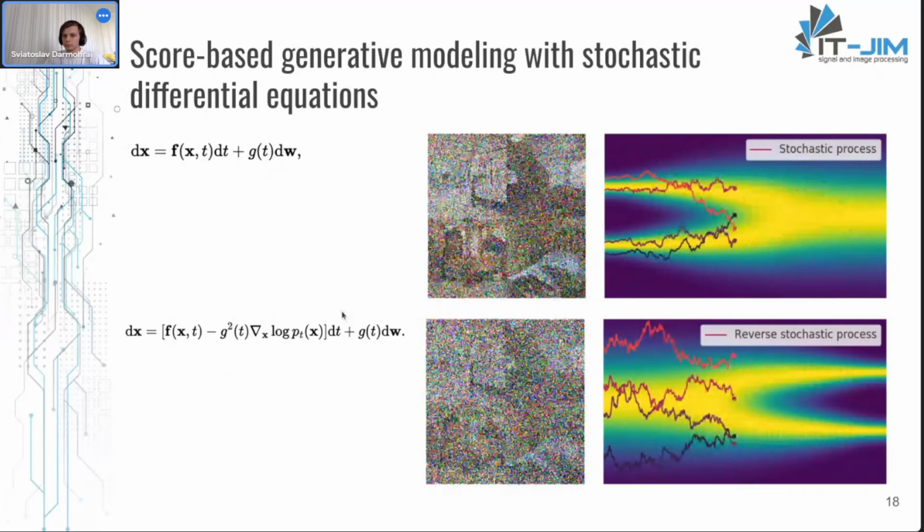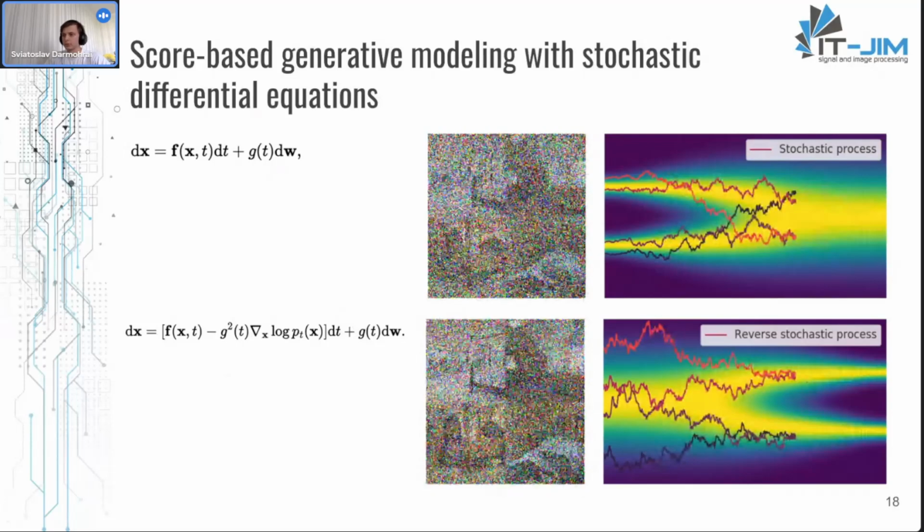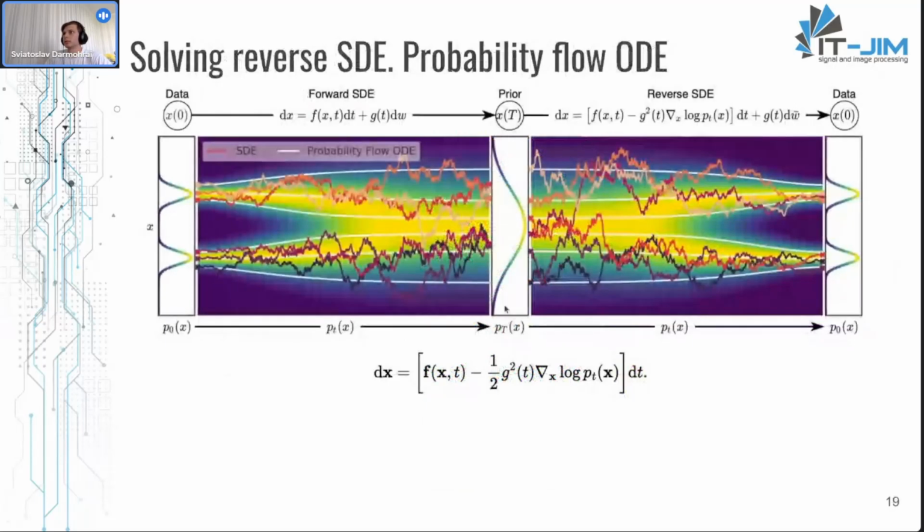So this means we could use the score-based model to learn this procedure, and it can also be simplified to an ordinary differential equation. We basically remove the term with the Brownian motion, the randomness, and end up with a deterministic solution. So it's not as random, but may still lead to a good result.